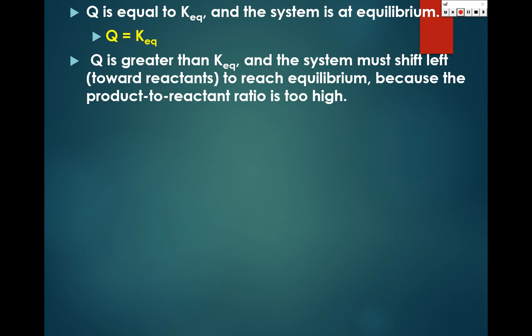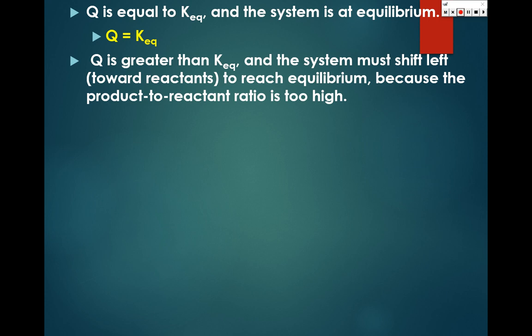Now if Q is greater than KEQ, the system must shift to the left. Why does the system have to shift to the left? When your answer is going to be a quotient, and you have a big number, so Q is too big compared to KEQ, if you want the number to get smaller, what do you need to get bigger?